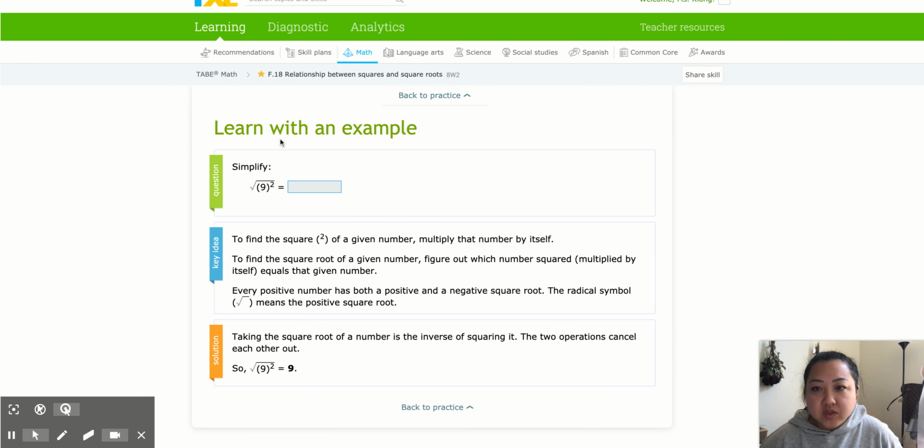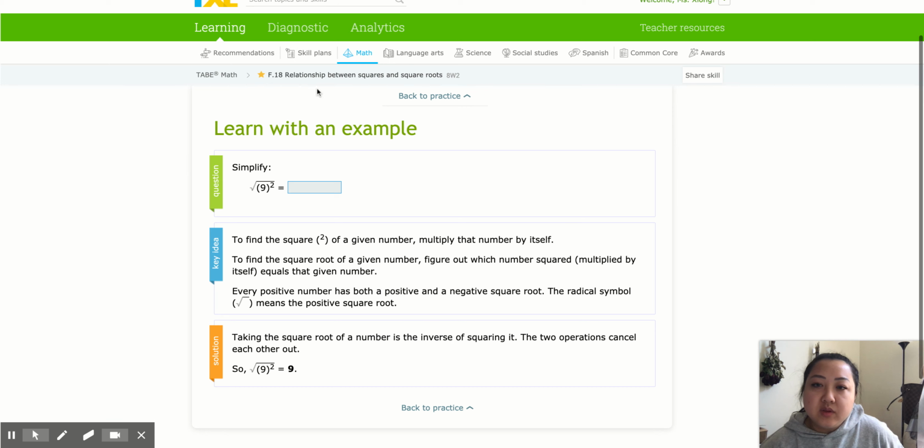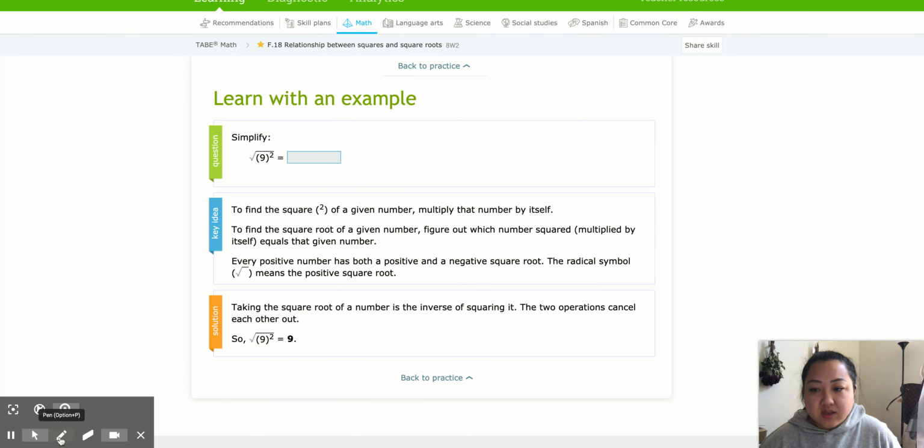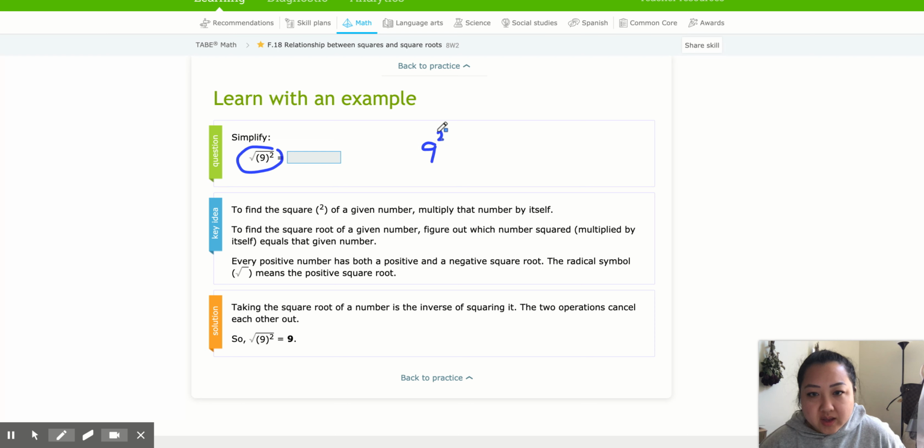All right, now we're going to look at the relationship between squares and square roots. It says to find the square of a given number, you multiply that number by itself. So for example, we have this right here, the number 9. If you're going to square 9, that's basically doing 9 times 9.